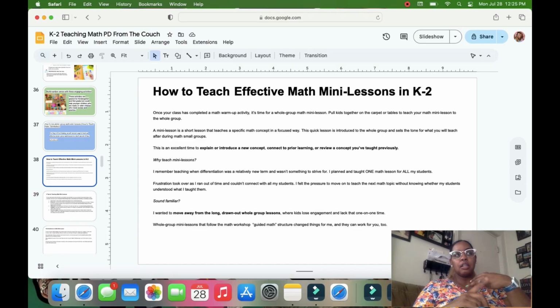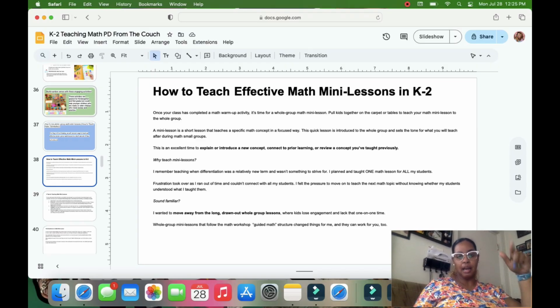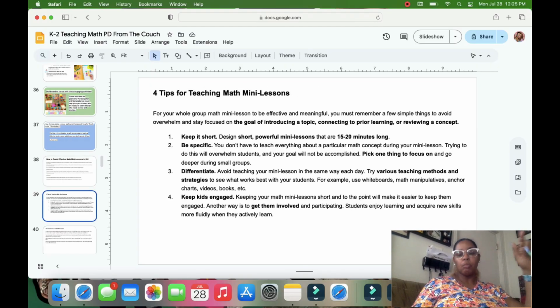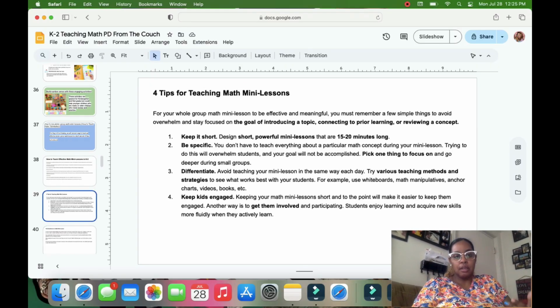Frustration can take over because you don't have enough time, or you had to come back to it the next day, and then it puts you behind. So move away from the long drawn out whole group lessons where the kids lose engagement and lack the one-on-one. Whole group mini lessons that follow the math workshop guided math structure will work for you.